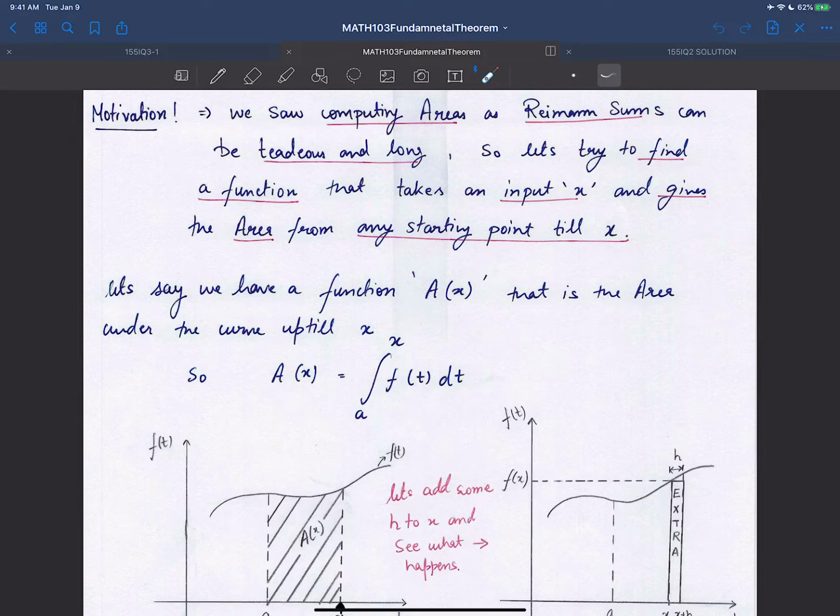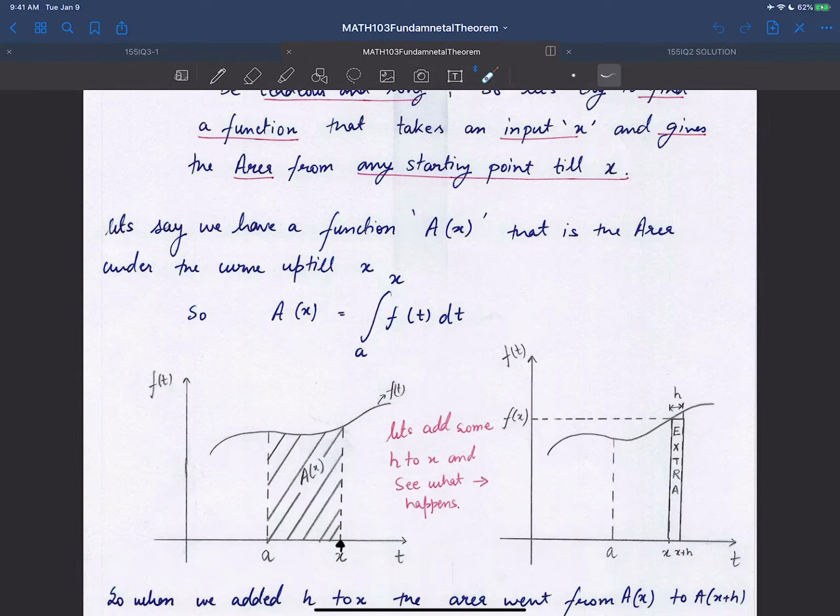To write it in terms of the integral of f of t, the area function A of x is the integral from some starting point a, which is a constant, to some x that you choose, which is the variable of this function, of f of t dt. This is what I will base the argument on. I'm trying to find this magical function, this A of x, that has this property and obeys this relationship.